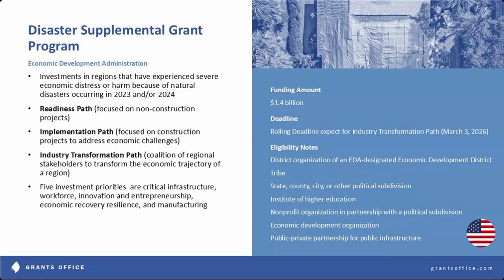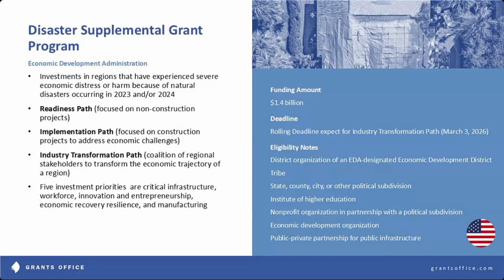And then you have the industry transformation path, which is going to be the biggest grant program included under this grant program, and it's really for regional stakeholders to create a transformative economic trajectory of a region through the development or the acceleration of an industry.